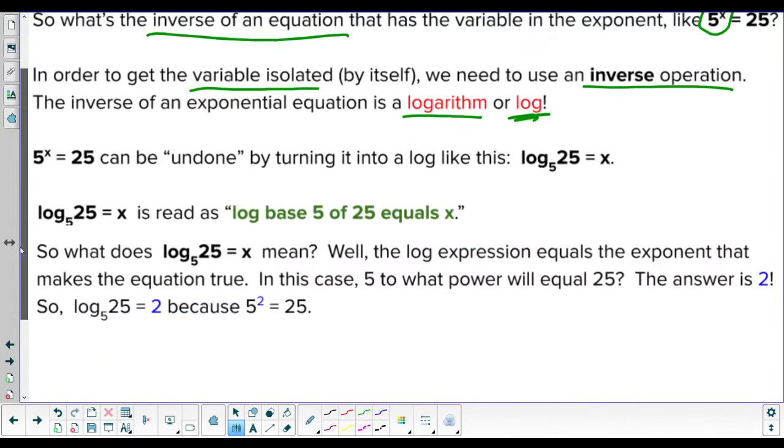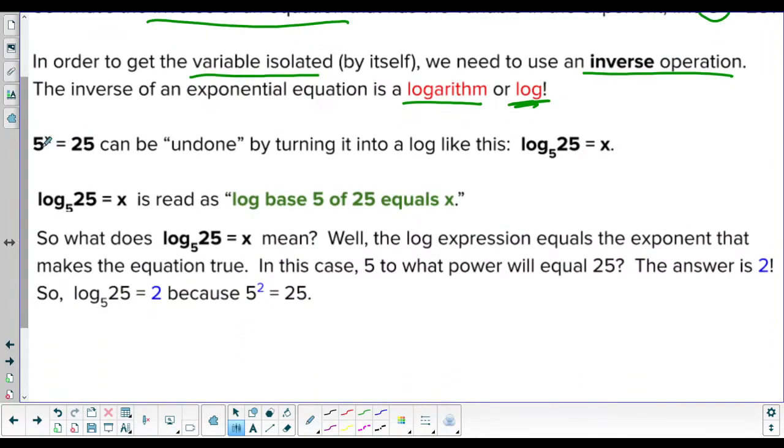We're going to practice this, but 5 to the power of x equals 25 can be undone by turning it into a log like this. So log base 5 of 25 equals x. Now the x is no longer in the exponent, and we can solve for it as long as we know how to do the log base 5 of 25.